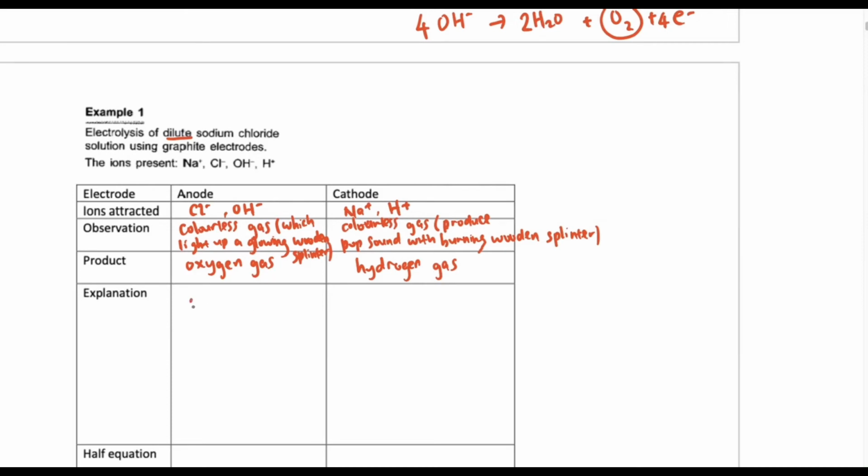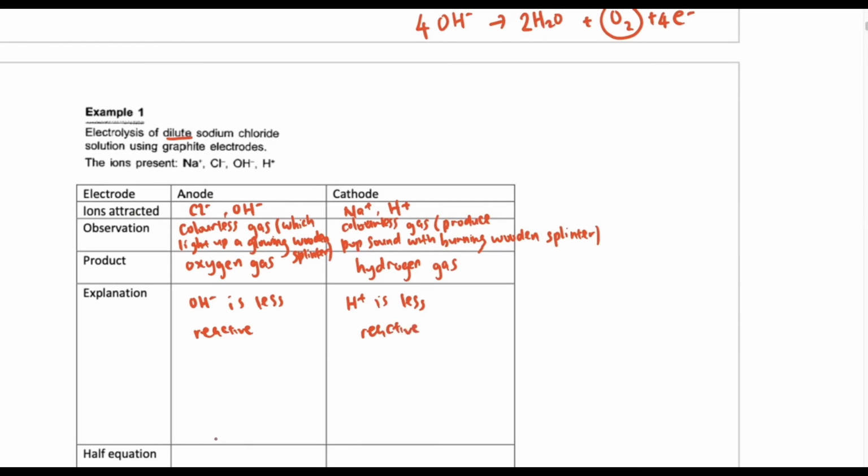I write in short: hydroxide is less reactive. Now explanation: why do you choose H+? In more detail, we can say hydroxide is in the lower position of the electrochemical series. It is less reactive, so it is chosen to form product. H+ is reduced. In short, H+ is less reactive.